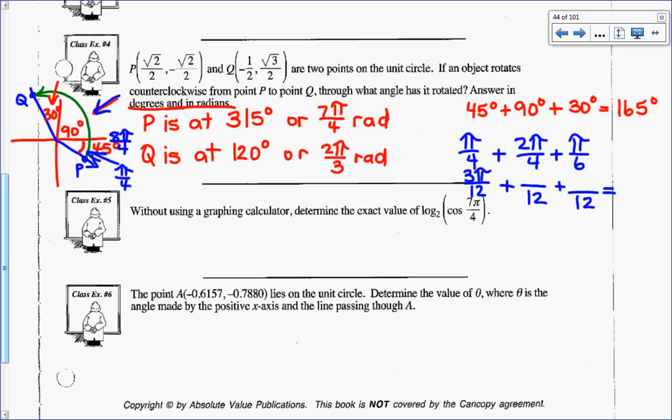Same thing with this one, I'm multiplying the denominator by 3, so I'm multiplying the numerator by 3, 6 pi. With 6 in the denominator, I'm going to multiply by 2, so I multiply my numerator by 2. So I've got 3 plus 6 plus 2, that's 11 pi over 12, which is 165 degrees in degree measure.